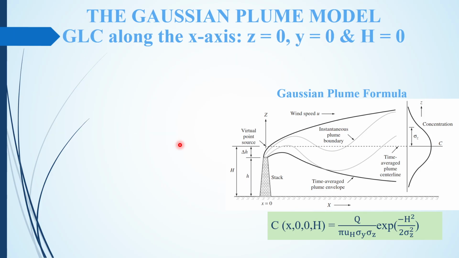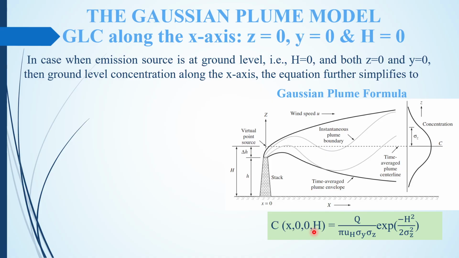So if GLC is on the x-axis and h is equal to 0 also, that is, in case the emission source is at ground level, so both h is equal to 0, y is equal to 0, z is equal to 0, it becomes more simplified and this portion is used.